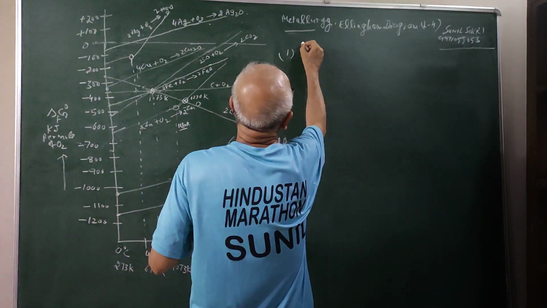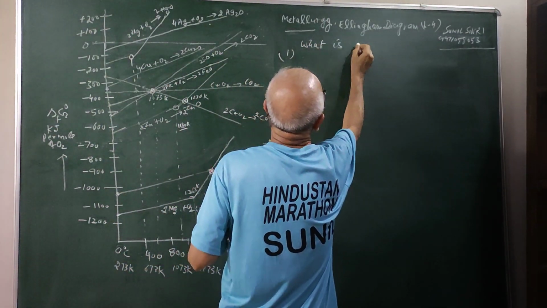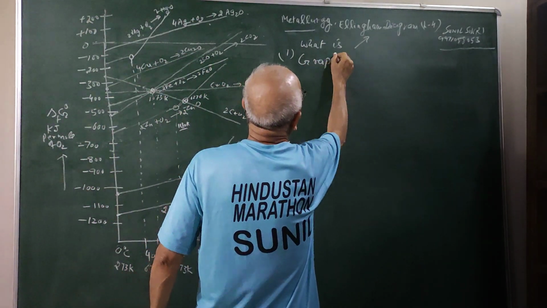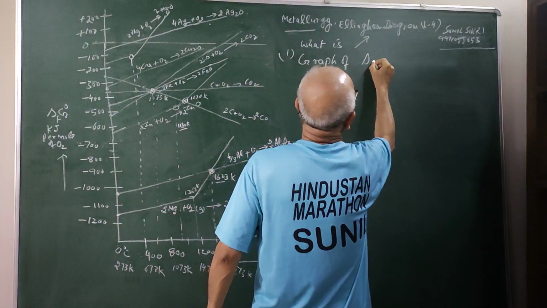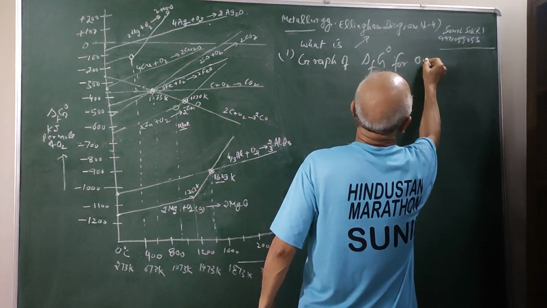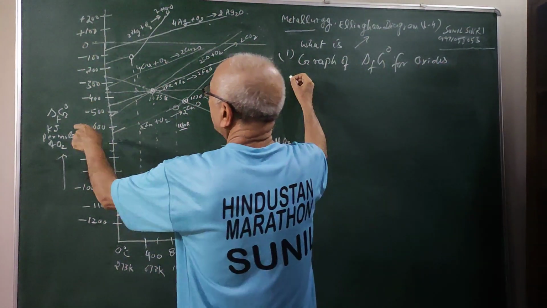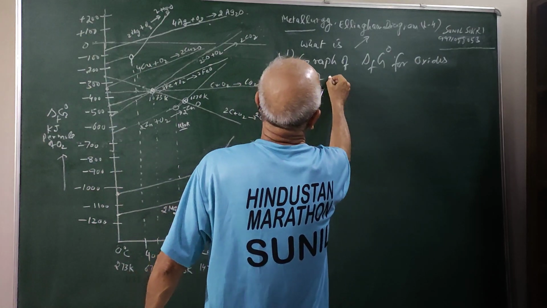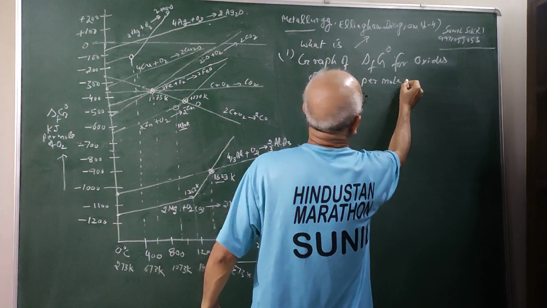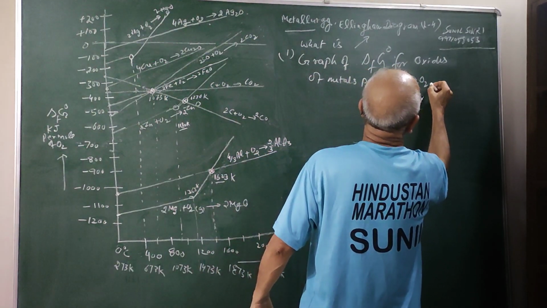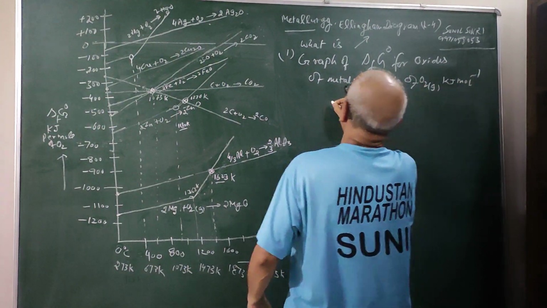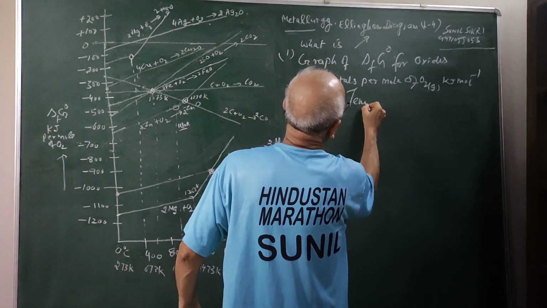But what is the Ellingham diagram? First of all, what is the Ellingham diagram, student? Here I have made a graph of delta G0 of formation for oxides, as you can see, for oxides of metals per mole of oxygen in kilojoule per mole versus temperature.